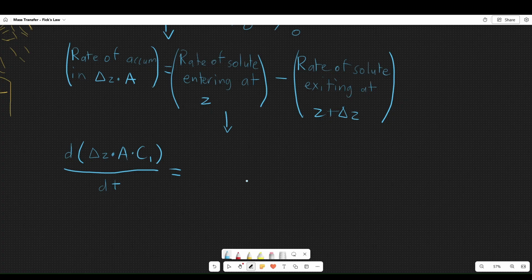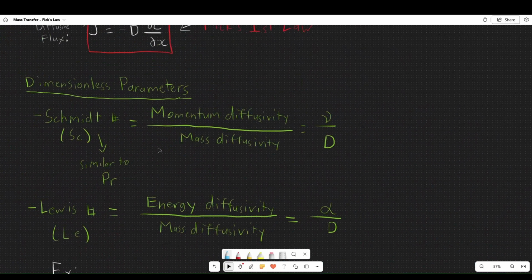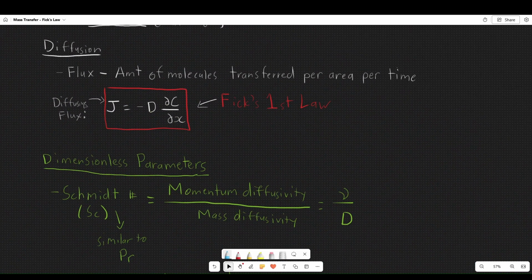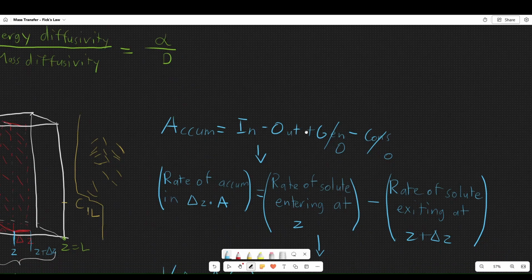Now let's go on to the rate of solute entering at Z. We have the mass flux, remember, from Fick's law of diffusion. So if we go up here, we know that the flux is J. And what is flux? Flux is the amount of molecules transferred per area per time.